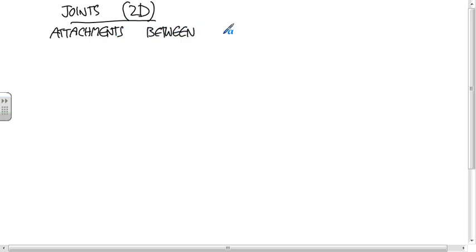So I'm going to talk about joints in 2D. Later, we'll talk about how to generalize these to 3D. So these are just attachments or contact points between different bodies. And each of these joint types is defined by the type of load that it transmits from one body to the other body.